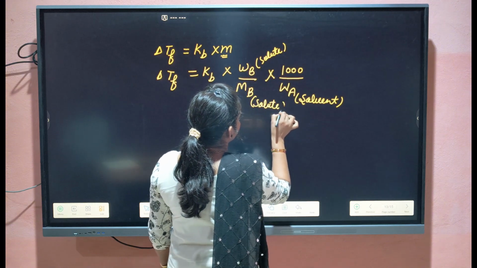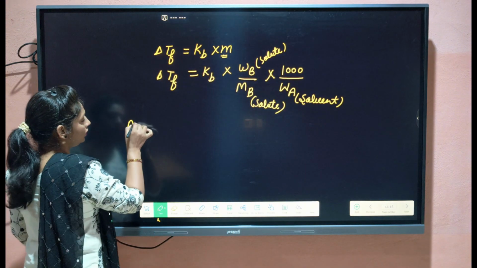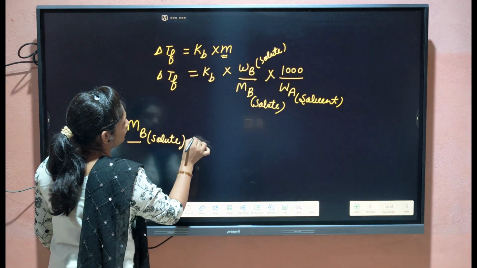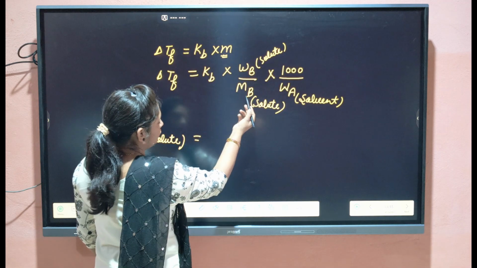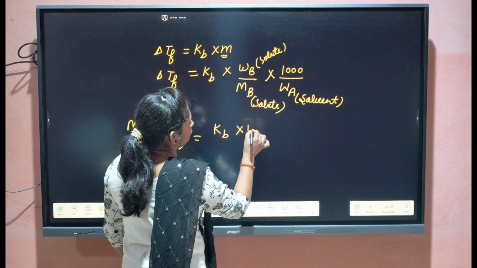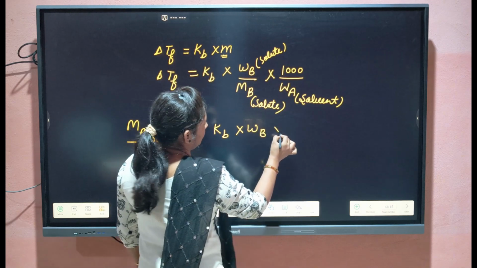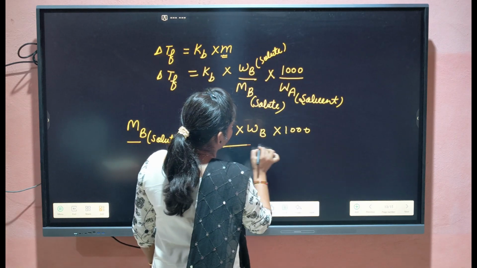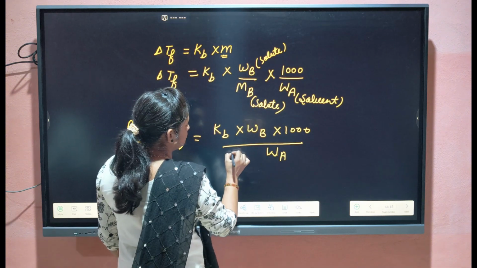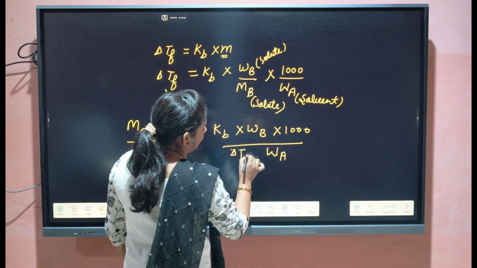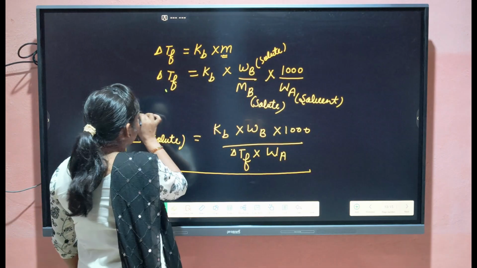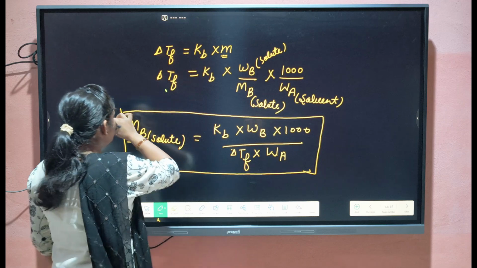Taking MB to this side, we get Kf into WB into 1000 by WA, taking del Tf to the opposite side. So by using this formula, we can calculate the molecular mass of the solute.